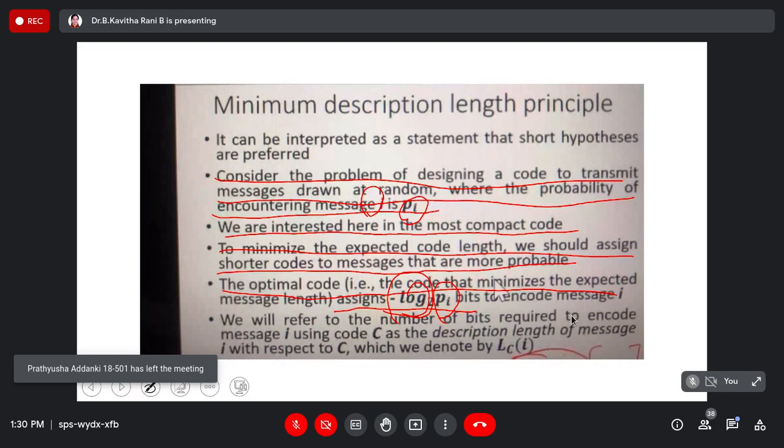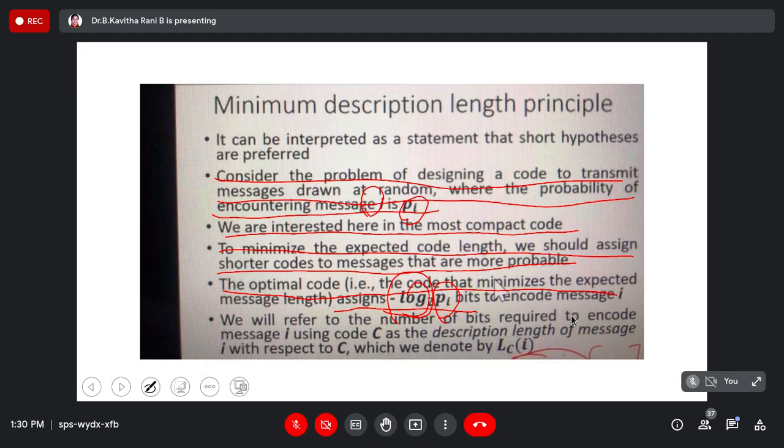The optimal code assigns minus log2 p_i bits to encode the message i. So what are you doing here? You take some message i. What is the probability of that particular message, which can be encountered frequently? That we have to find.